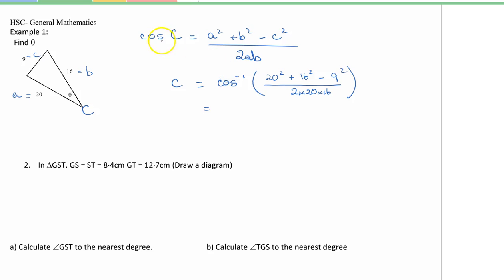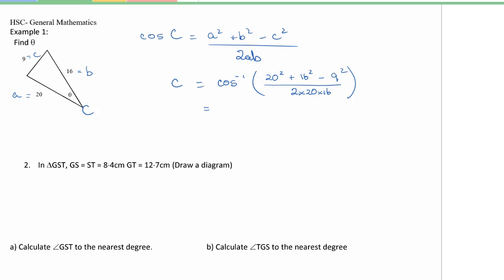So angle C is the cos inverse of this fraction, and it doesn't really matter about A and B, but making sure we've got c in the correct spot. The value of c is 9, which is subtracting 9 squared, and A and B are 20 and 16.